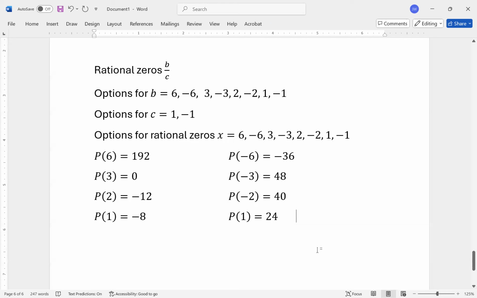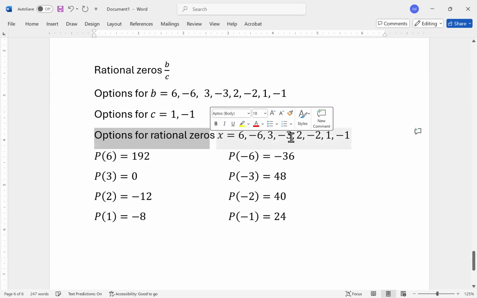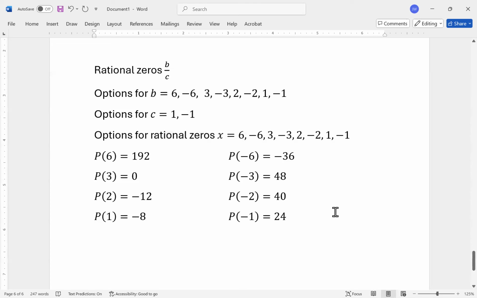By the way, this also shows that somewhere between an x value of negative 1 and an x value of 1, we go from positive output to negative output. So somewhere between negative 1 and 1, there is a 0. Since my only options for rational zeros are these ones, the 0 between negative 1 and positive 1 is not rational.